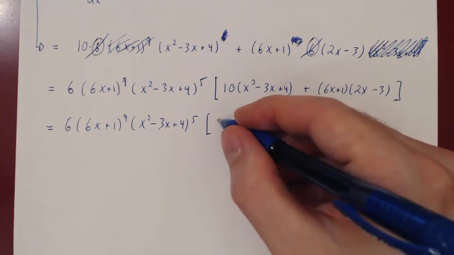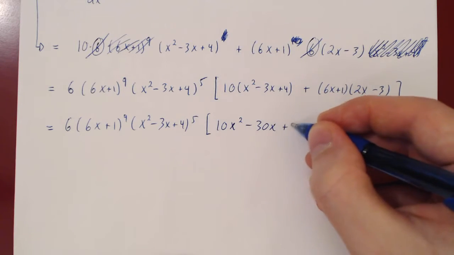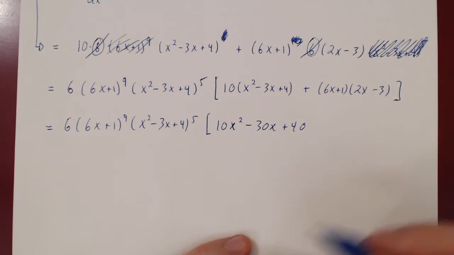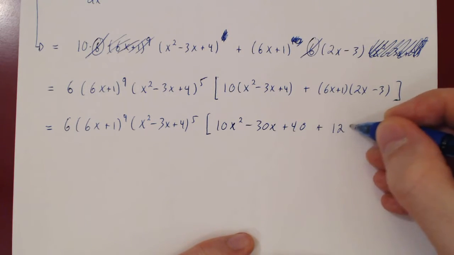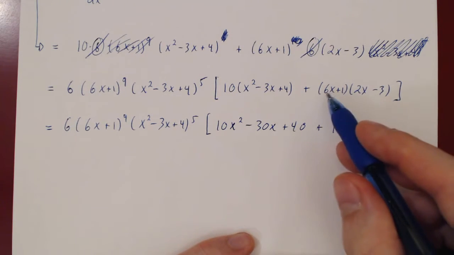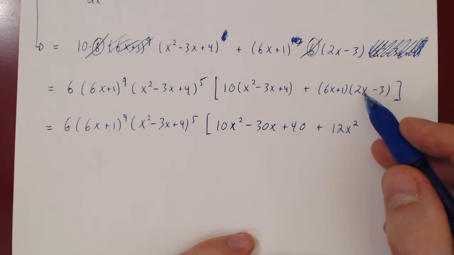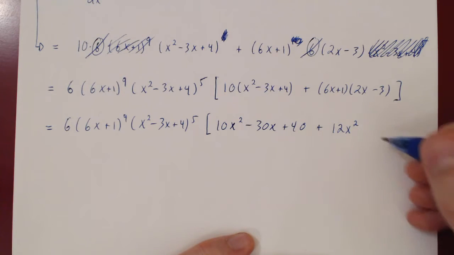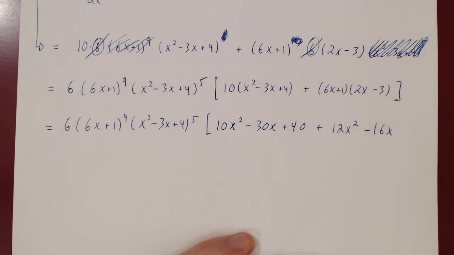So 10 times all this gives us 10x squared minus 30x plus 40, plus 6x times 2x is 12x squared. 6x times negative 3 is negative 18x. Positive 2x, that gives us negative 16x. Plus 1 times negative 3, negative 3.